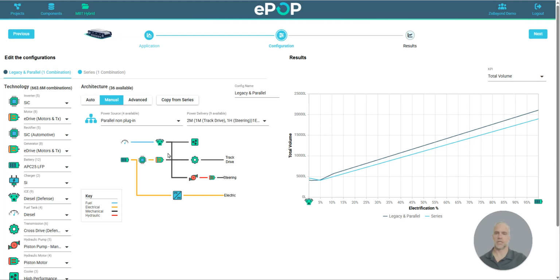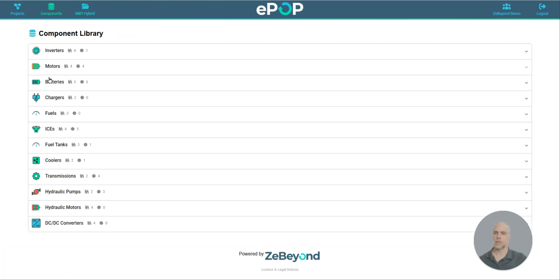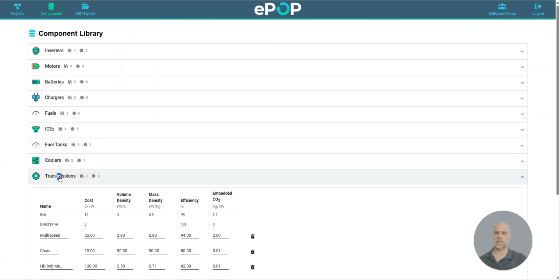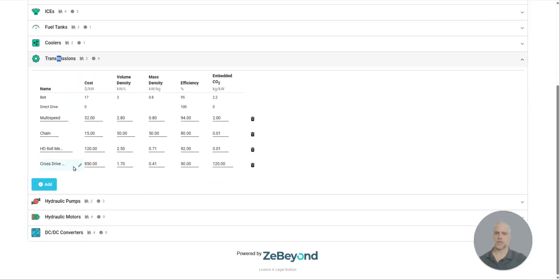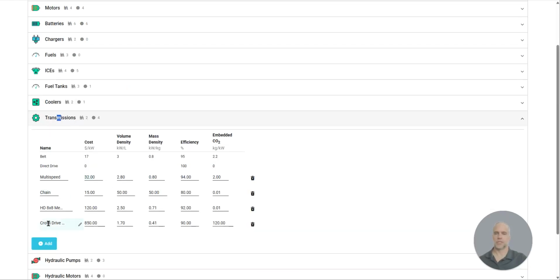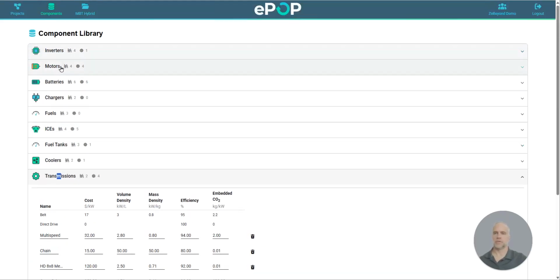In this case, the transmission is a cross drive in the defense. That has been characterized in the component library. We can go there and see all the different components in the library. So the cross drive's cost, volume density, mass density, and efficiency have been characterized based on public data that's available, and those characteristics then get implemented in the configuration.